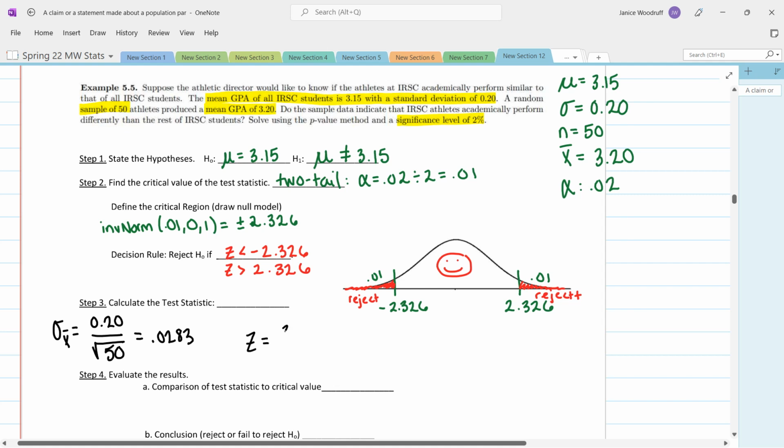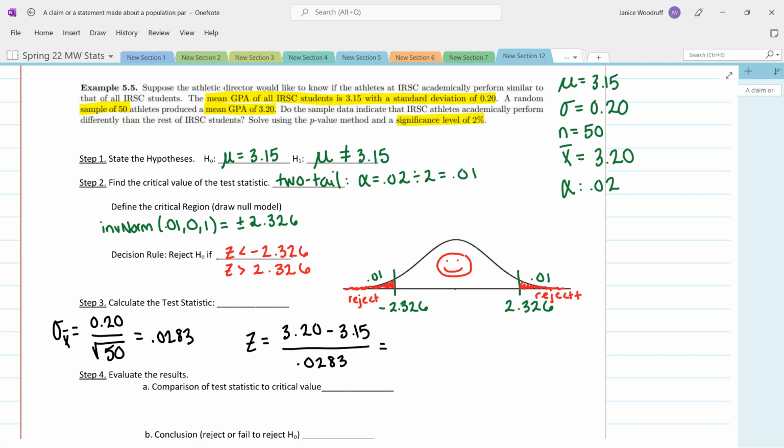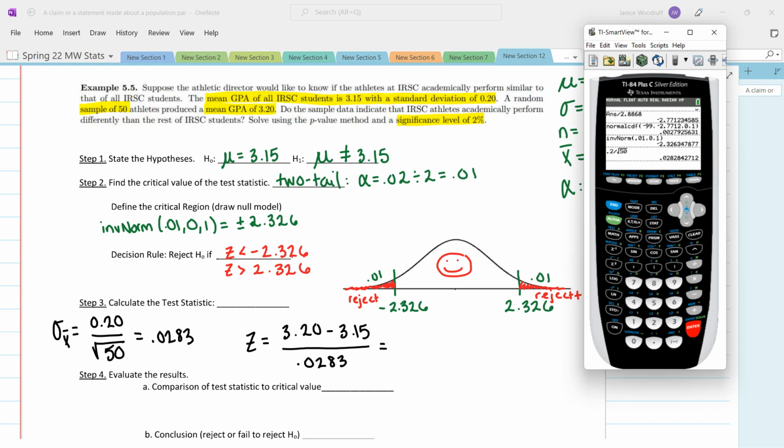So that'll be x bar 3.20 minus the mean 3.15 over 0.0283. So that gives us 1.7668.